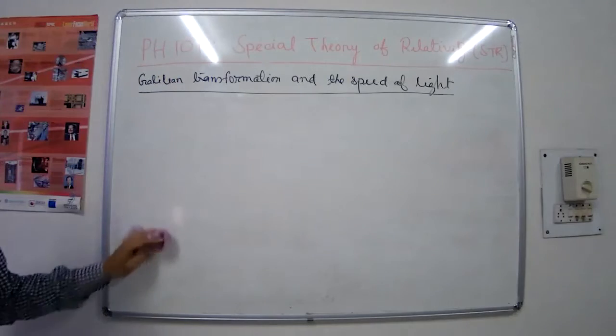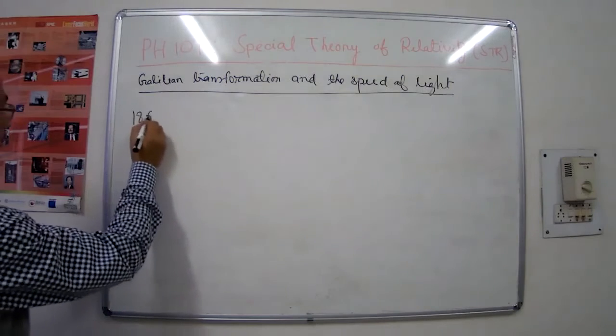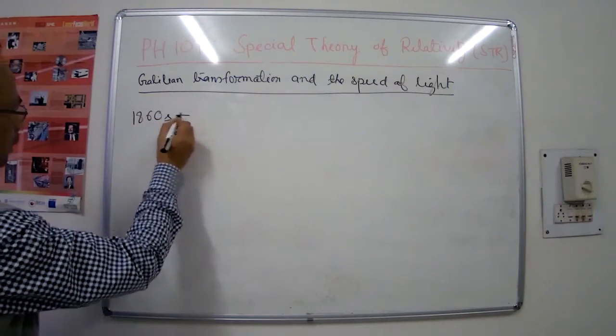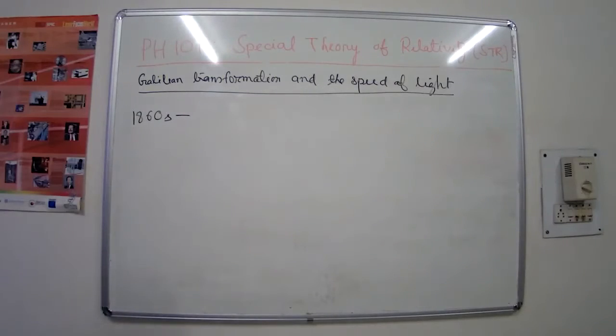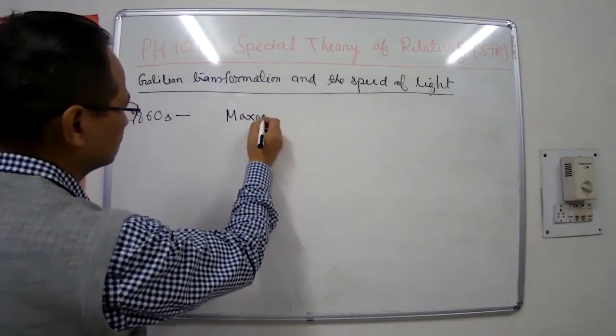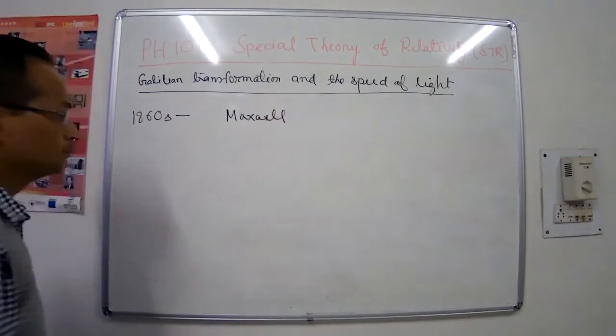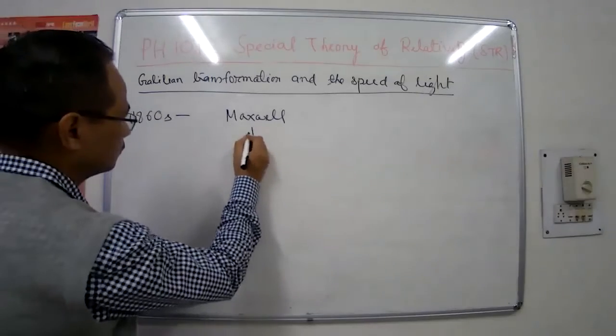But then around the 1860s, around 1861, 1862, there was another scientist, Maxwell. He formulated the laws of electromagnetism, which are known as Maxwell's equations.